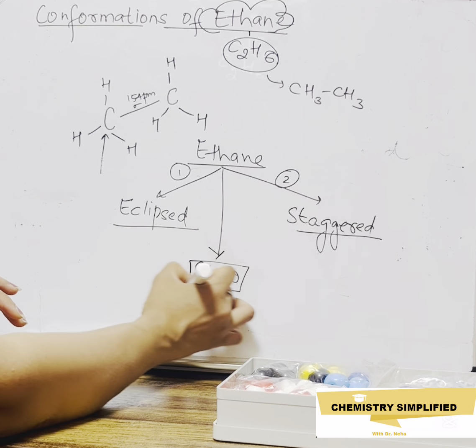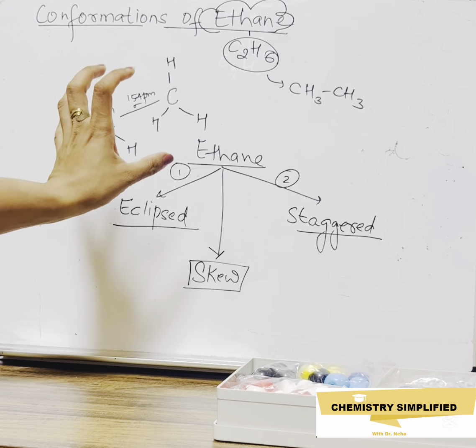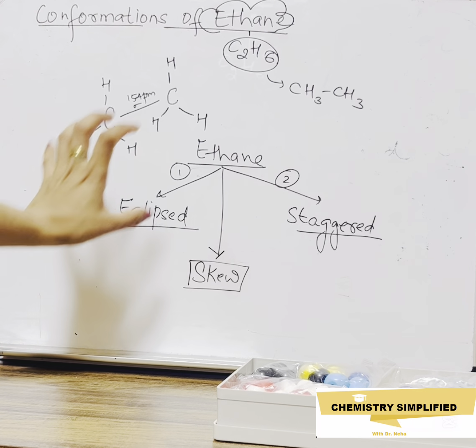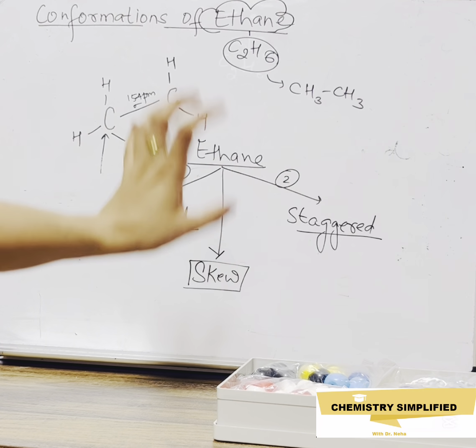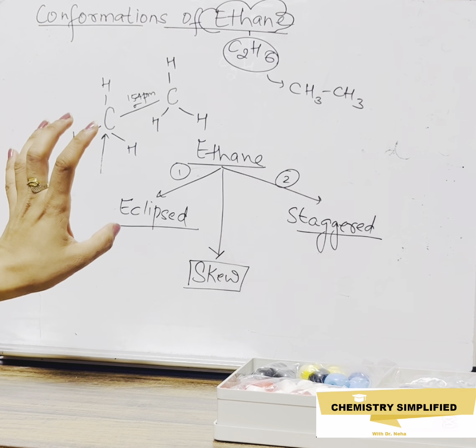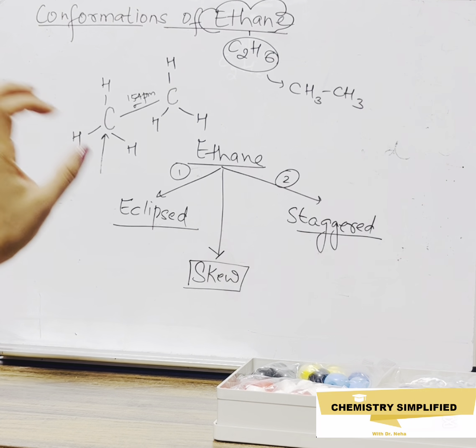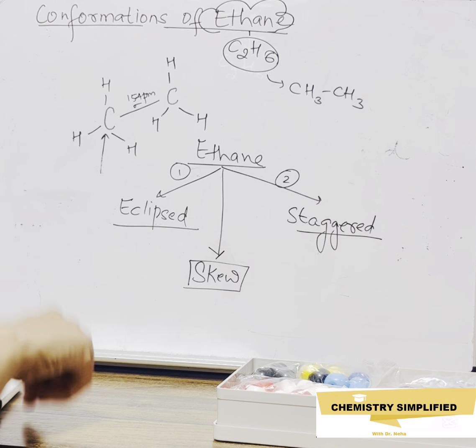That is known as skew, the in-between form of eclipsed and staggered. Is this clear, children? Any doubt till here? If you have any doubt, please do let me know in the comment section. I'll clarify your doubts.